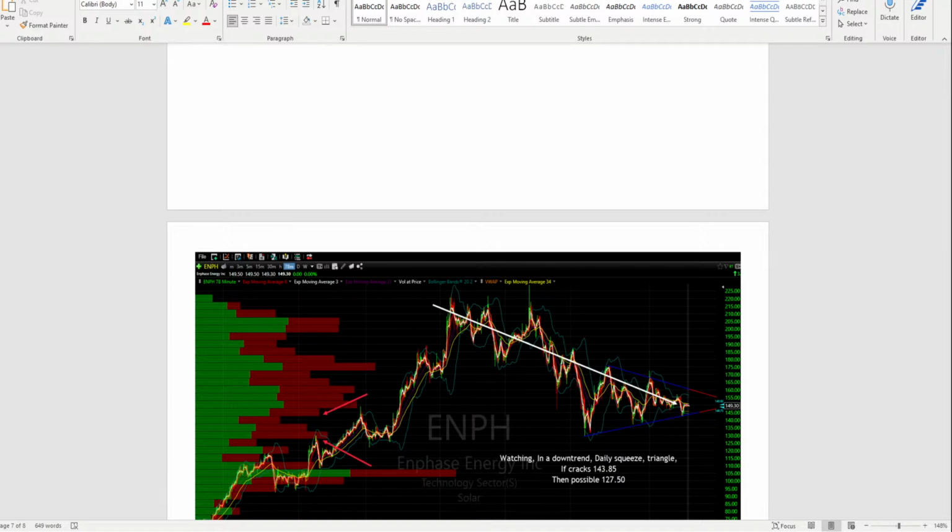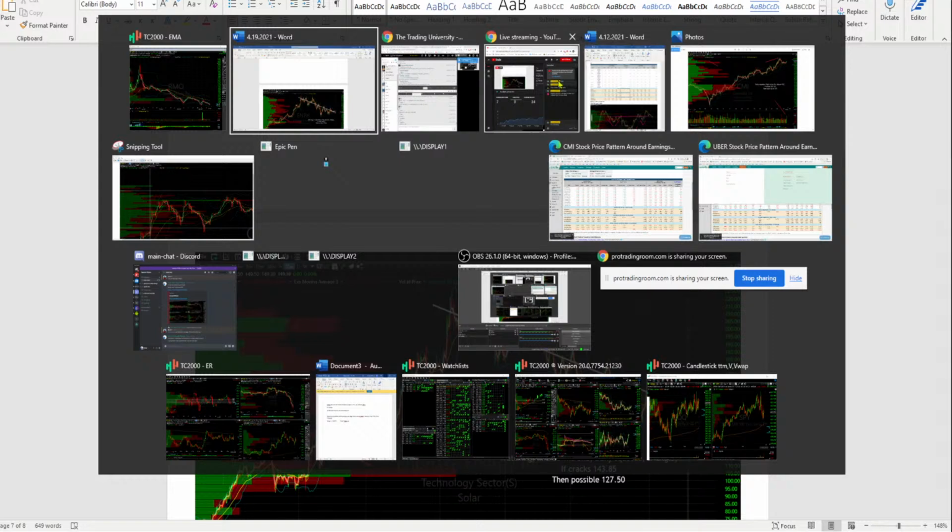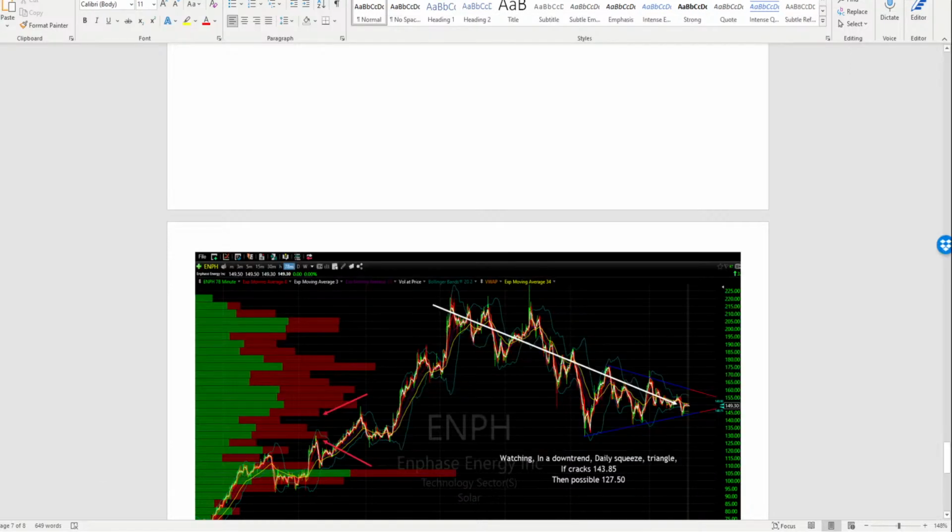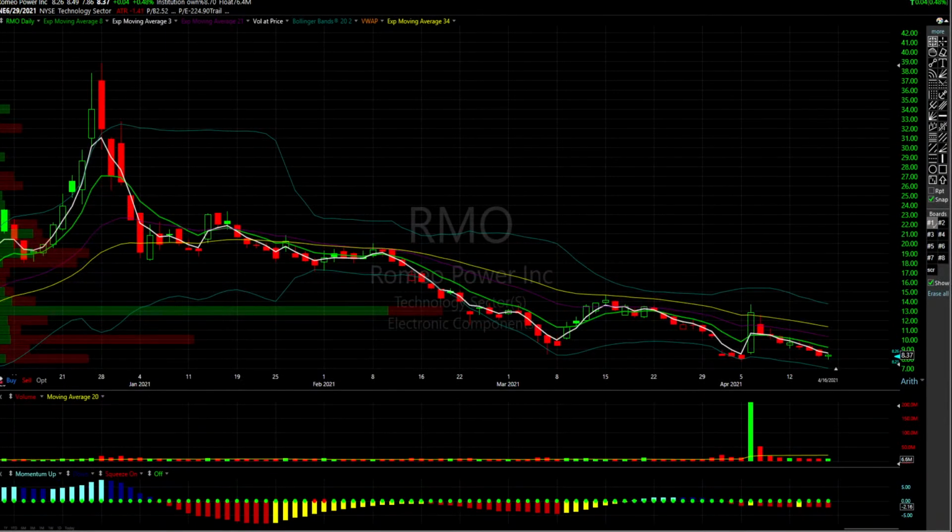And let me bring up Finviz here. So I'm looking at RMO right now, guys, just real quick. And what is the float on RMO? So you got a 10% short float. You've got 100 mil float.